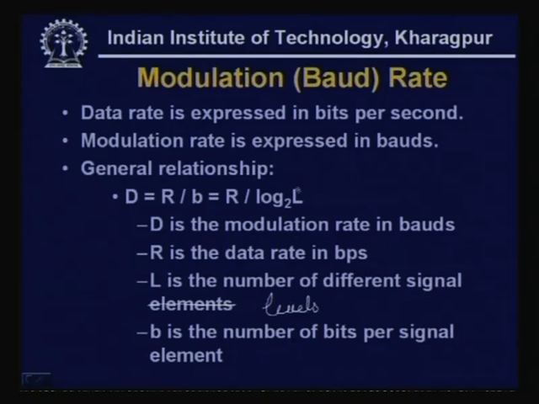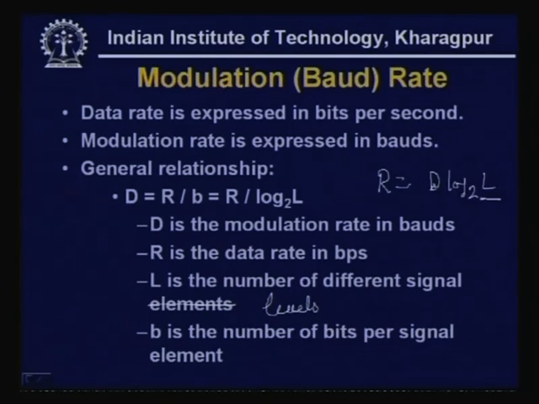And if L is the number of signal levels being used, then the data rate will be more than the baud rate. R is the data rate and D is the modulation rate, so R will be equal to D into log 2 L. That means the data rate R will be more whenever you are using more signal levels, as we shall see.